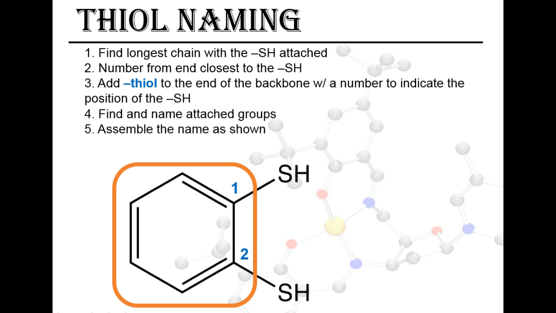They technically get numbers 1 and 2, but remember, any time a benzene ring is di-substituted, like it is right here, we use o, m, and p instead of numbers. Since the 2 groups are right next to each other, that is the ortho configuration. So our final name is o for ortho, benzene for the parent chain, and dithiol. Notice the di; you have to put that in anytime there are 2 of anything.